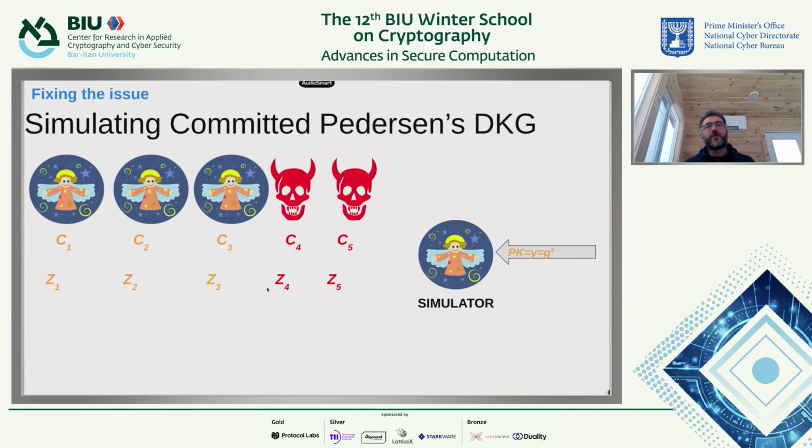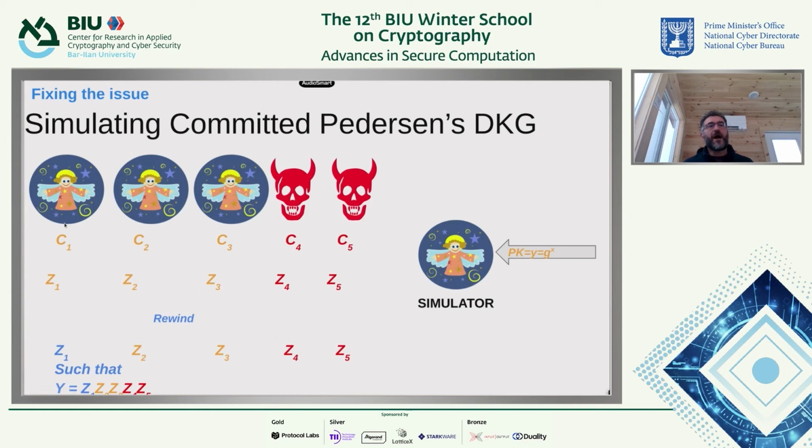But now I know Z4 and Z5. And now I rewind. This is a trapdoor commitment, meaning now I can change the opening of my Ci's. But because it's non-malleable, the adversary cannot change it.